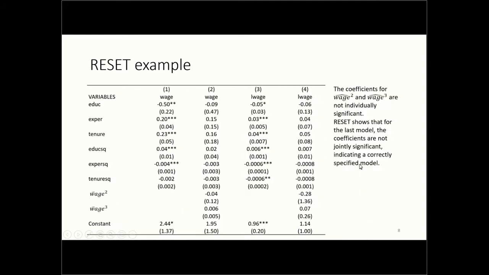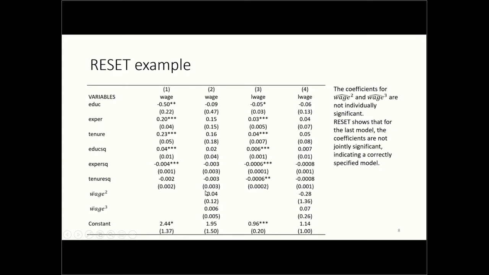So here are the other models that we estimated. This one had the square terms. There are several coefficients that are significantly different from 0. We estimate these models, and then we calculate again squared and cubed terms from the predicted values.